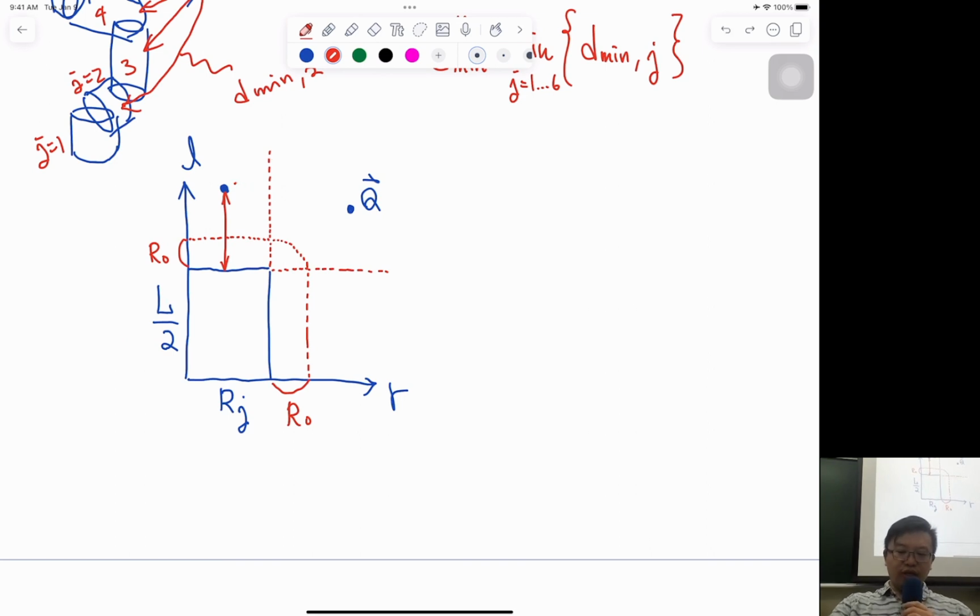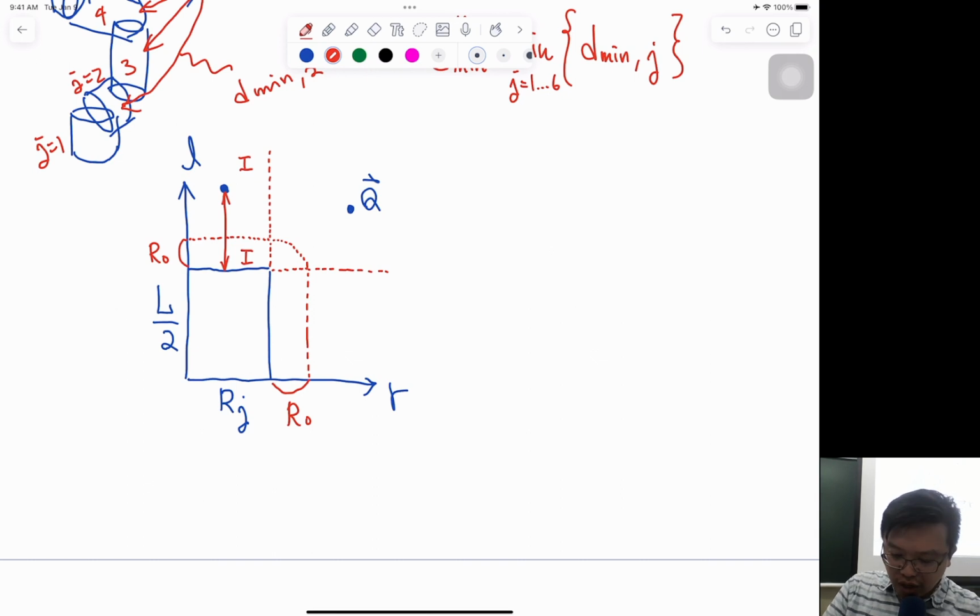So what you need to do is, if one day you realize your Q point is within a certain region, that distance can be computed like this. Okay, so what is that called? I'm going to call this region, do I use the same symbol? I think it's okay. Let me call this region 1, okay? This is also 1.